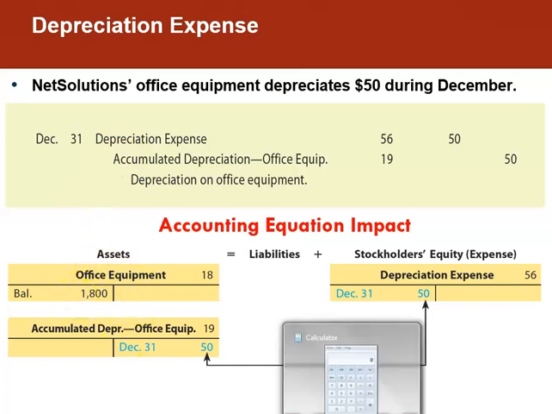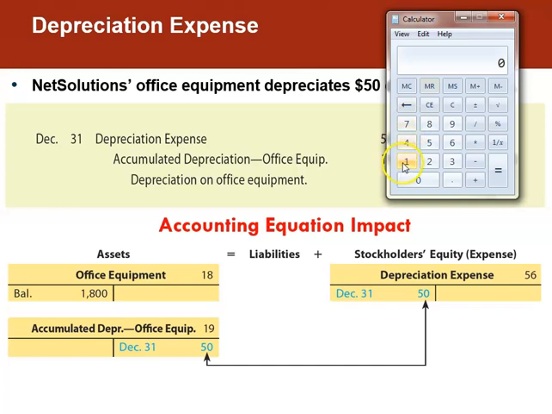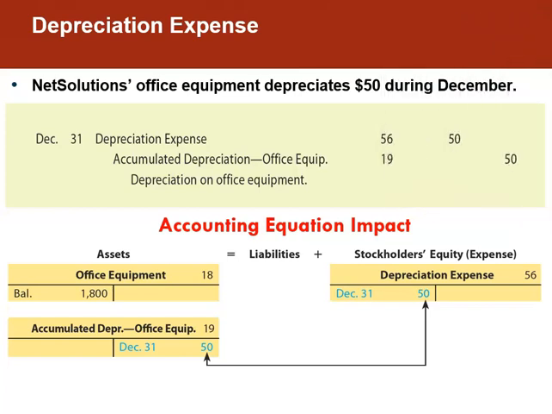What this tells me is that office equipment is being depreciated over a 3-year period of time. How do I know that? Because 1,800 divided by 600 is 3 years. $50 a month times 12 months in a year is 600. That's how I came up with that.